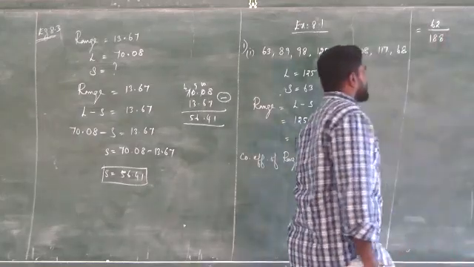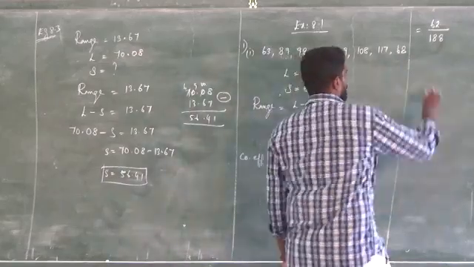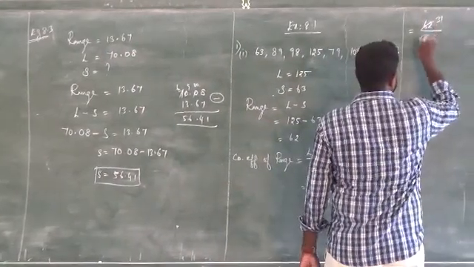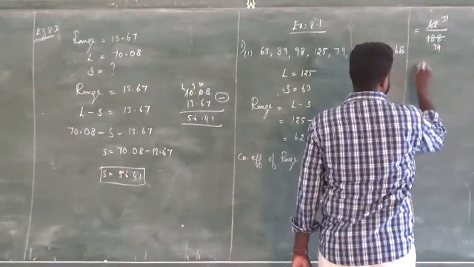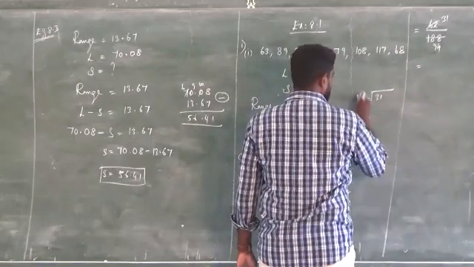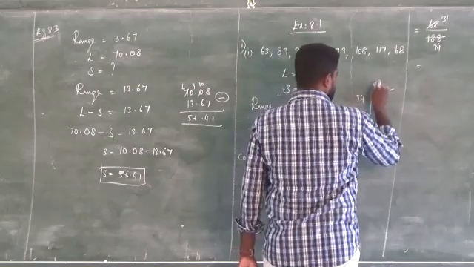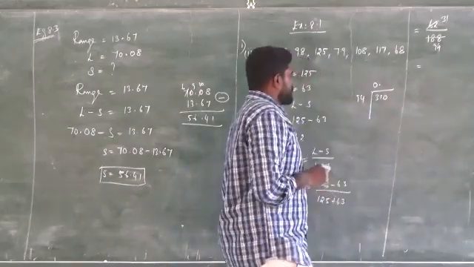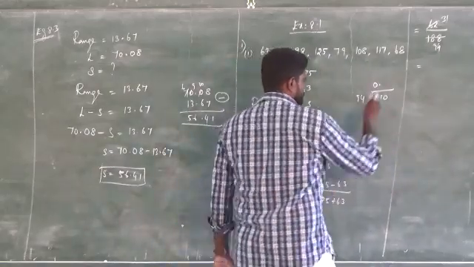If possible, we can cancel. We can cancel by 2. It is 31 and 94. 31 by 94, we can't divide further, so 0 point.